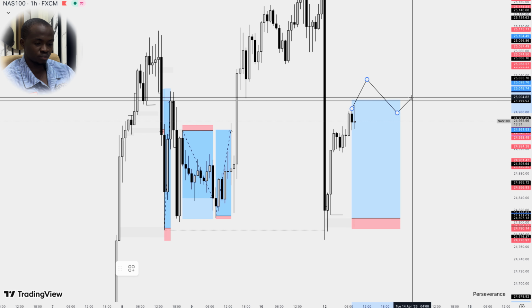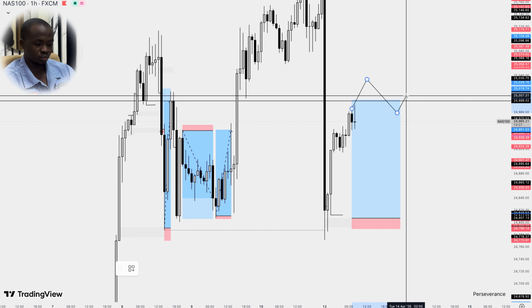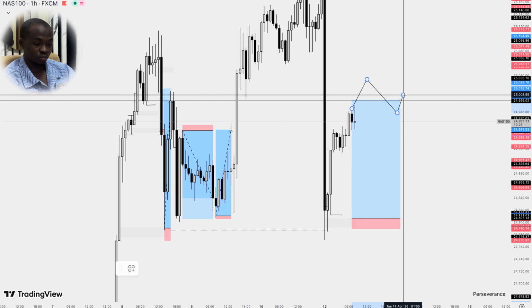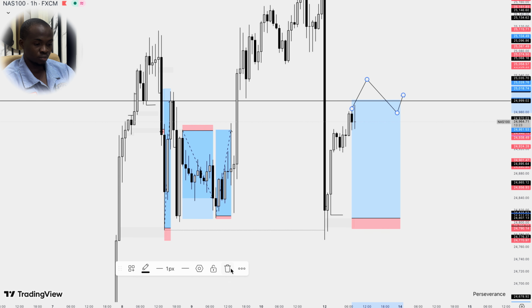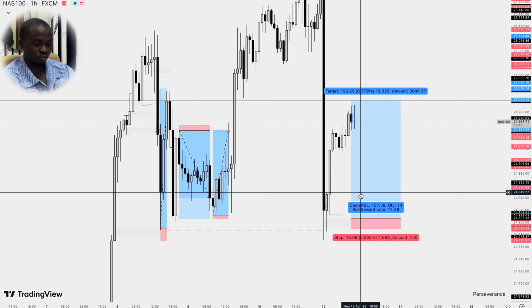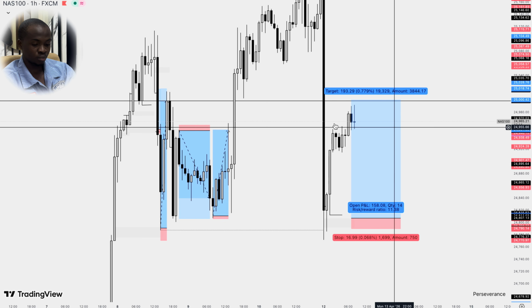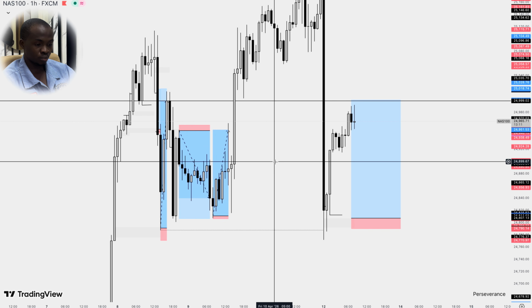That is when I would take that point of interest as my trade for the day or trade for the week. So I'm just going to wait for price to come back to this point of interest before taking the trade.